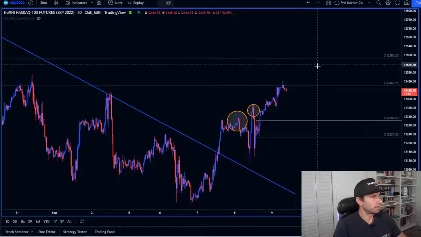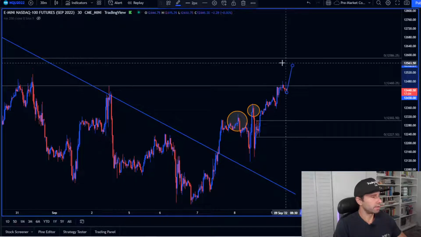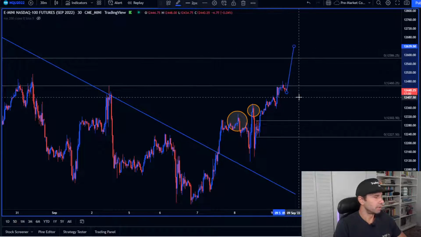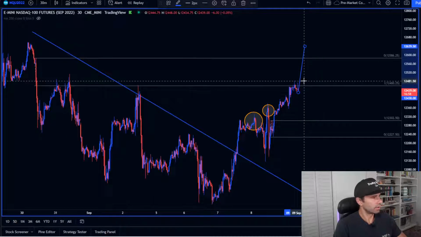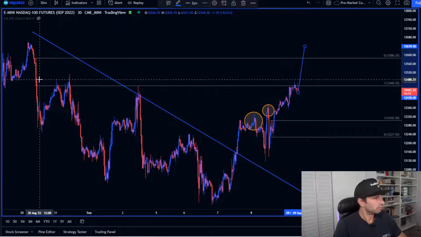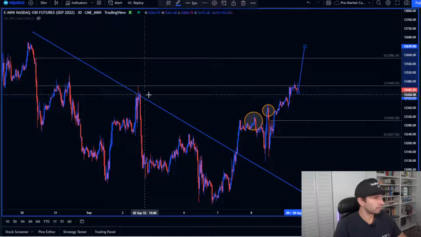So that is my case for the NQ. I do think, again, we do have a breakout scenario. Now this thing has to come here. So not the NQ for me. The NQ has a breakout because the supply is still not fresh, because it was touched 1, 2, 3 times.